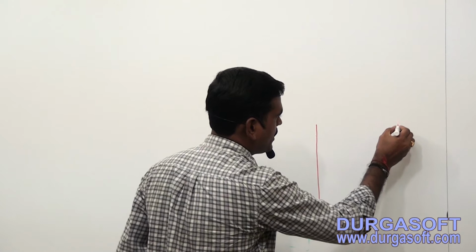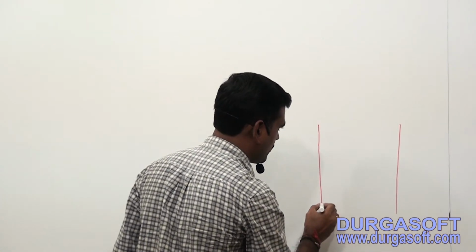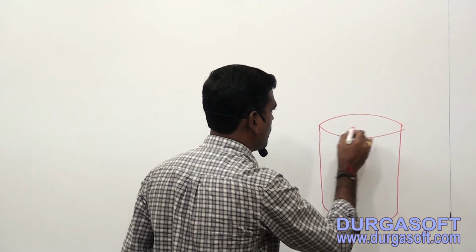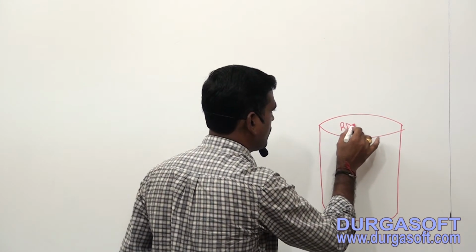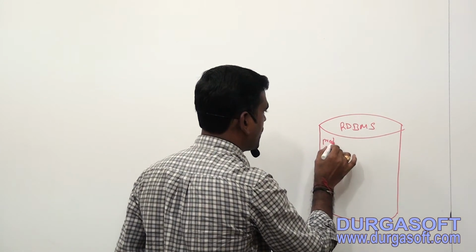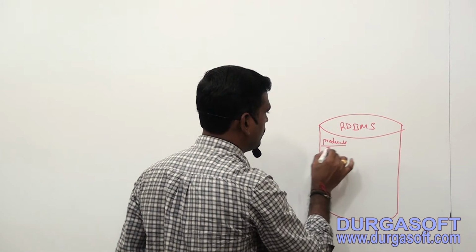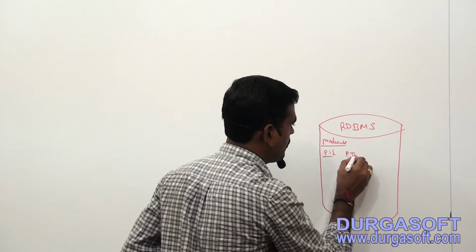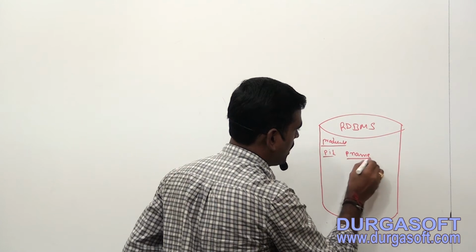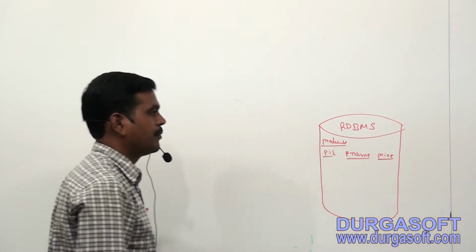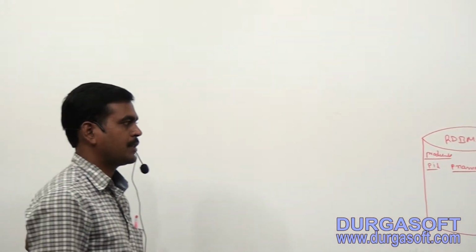This is my database. Under that, one table is there, that is products, with PID, PName and price.